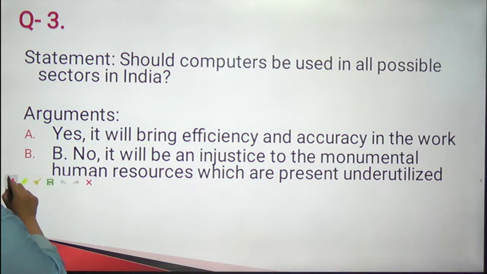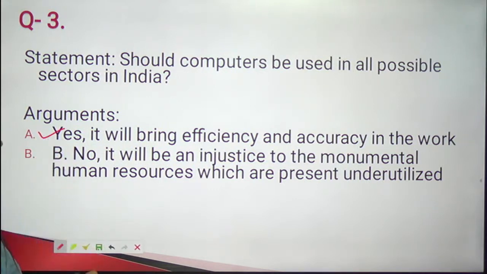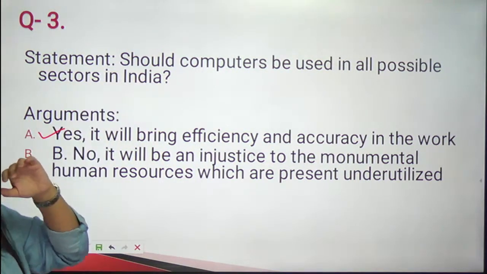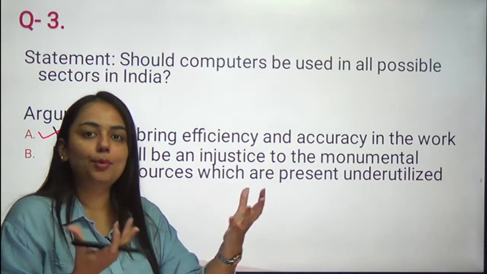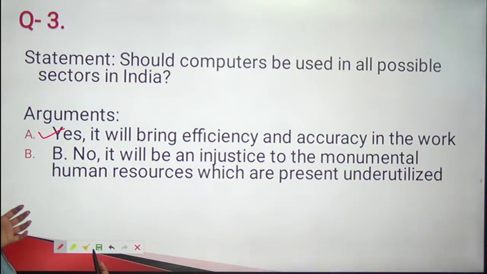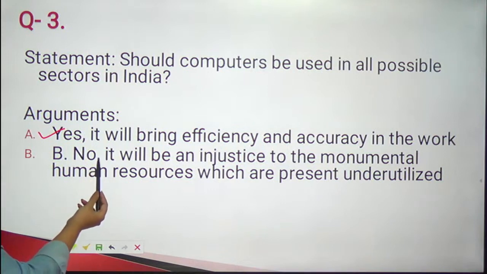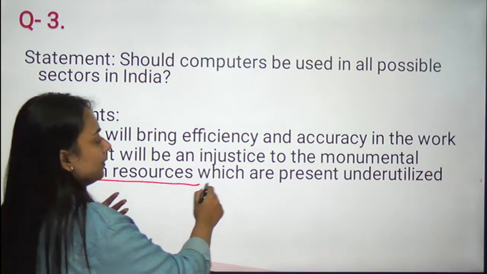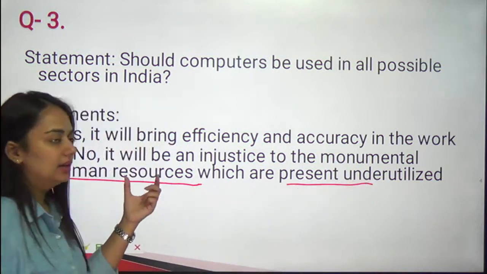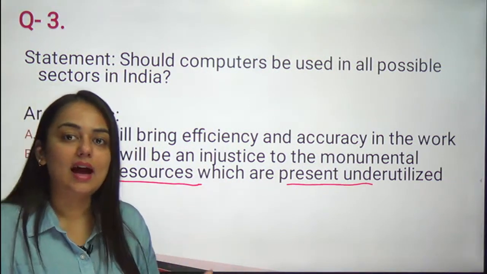This is a nice reasonable argument to promote the idea that computers should be used in the possible sectors, wherever a computer is required. Argument 2 says, no, it will bring an injustice to the monumental human resources which will be underutilized. Now these are the options that lay a trap for you.